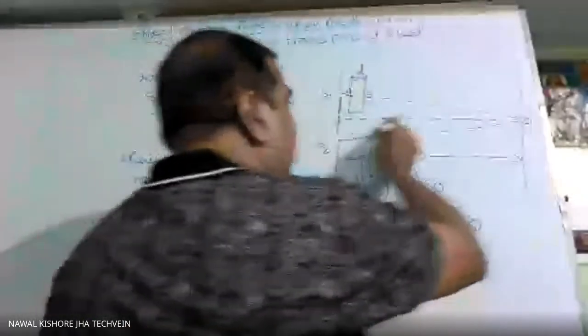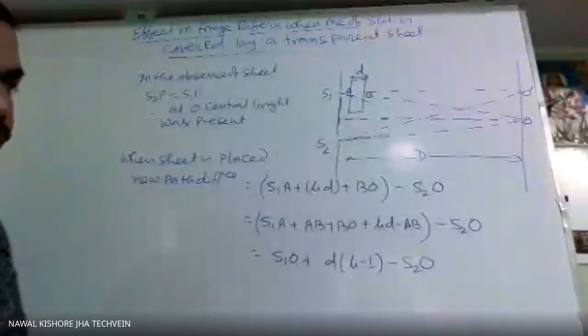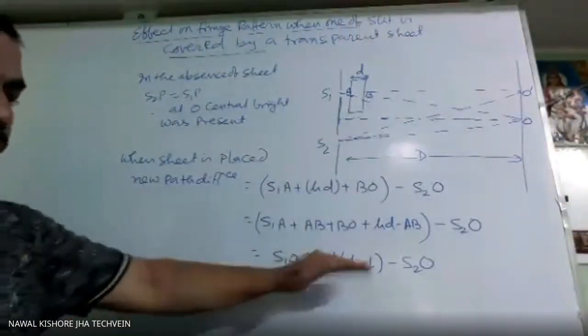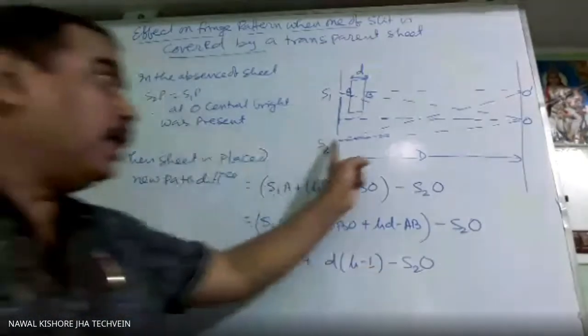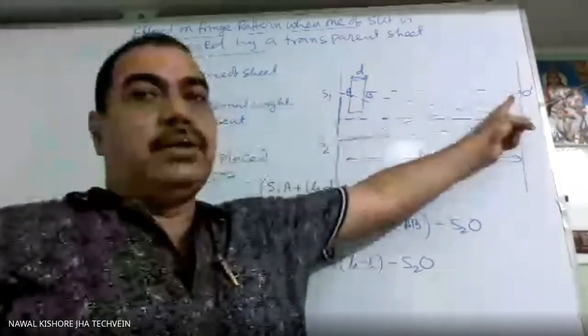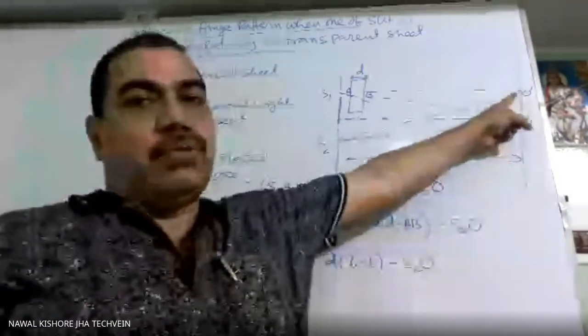When it comes somewhere here, S2O dash and S1O dash may become equal. Due to this additional path difference, the length of S2O dash will increase by this much, then only we will get equality.